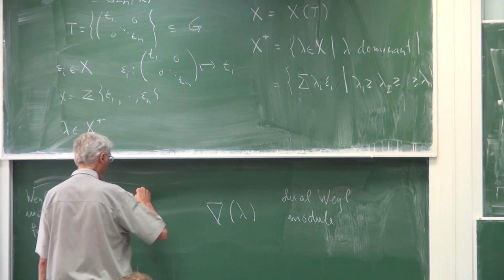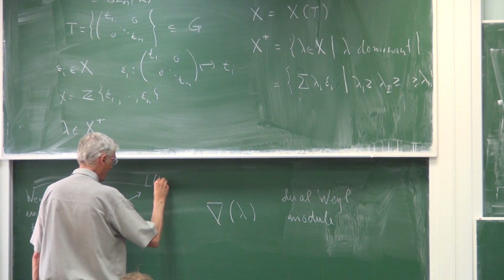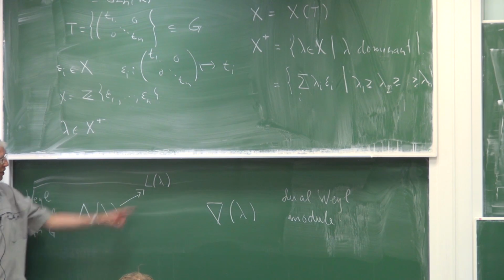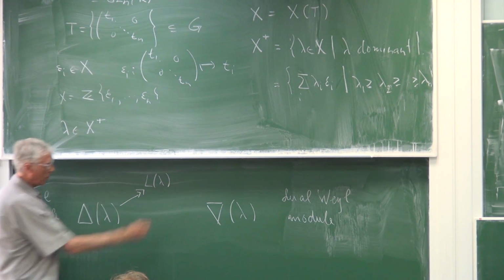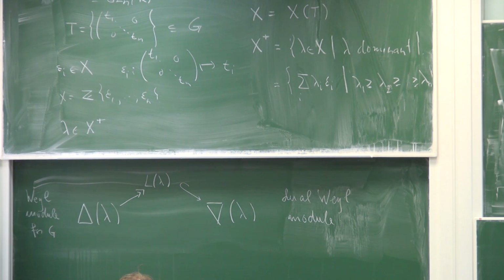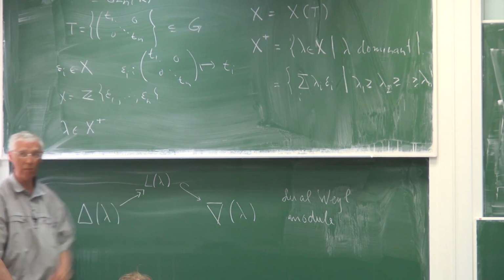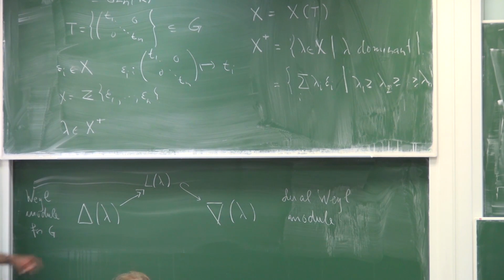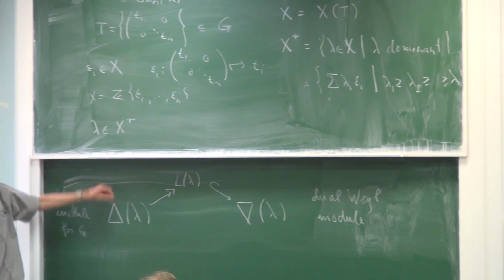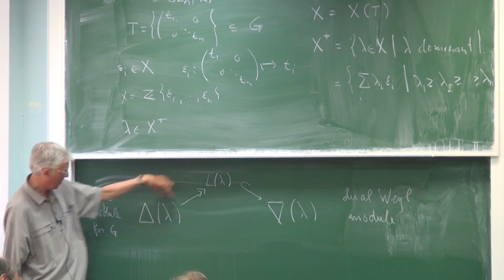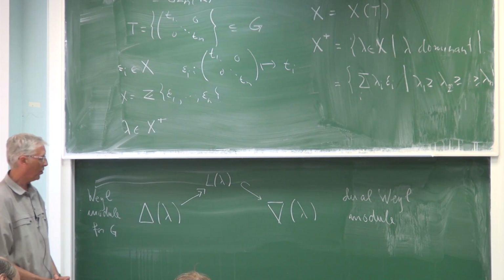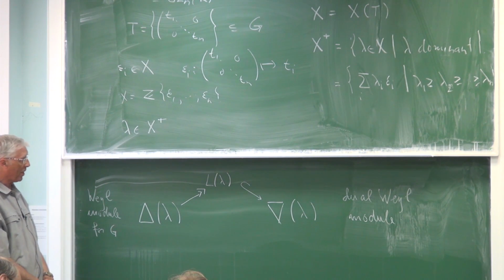However, this guy always has a unique irreducible quotient, which also sits as the unique irreducible submodule of the nabla. So this is actually the reason for the notation here. This has a pointed top because there is a unique simple top. This has a unique simple bottom, so it's sharp on the downside.